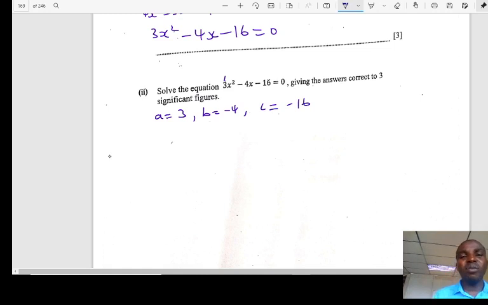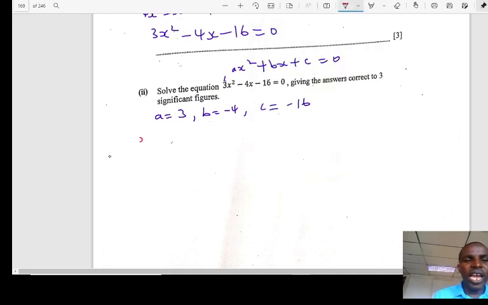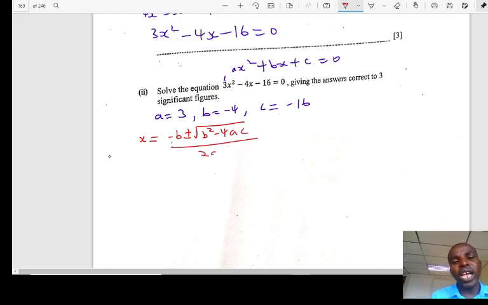Then by quadratic formula, this one is in the form ax squared plus bx plus c is equal to 0. That's the general form of a quadratic equation. From this, x using our quadratic formula is minus b plus or minus the square root of b squared minus 4ac, all over 2a.